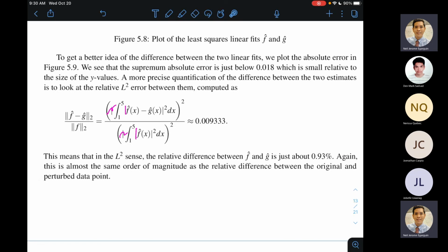Right? Kaya lang isa lang tong specific example. Kasi si G hat, nakuha ko by adding a random number to the actual data.